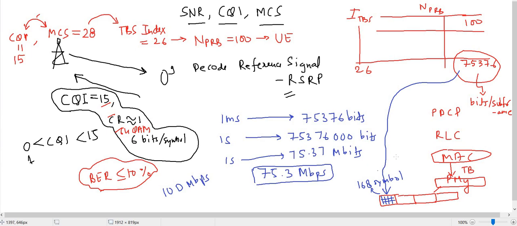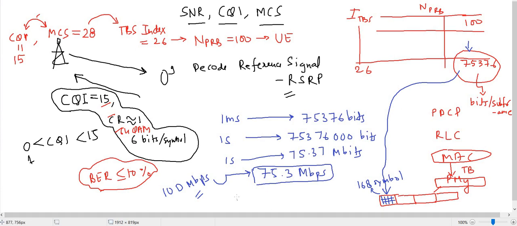But in the actual case some symbols are used for signaling also, like the reference signal, the PSS and SSS signals, and the PDCCH, PCFICH and PHICH. So throughput will be degraded, and it comes to around 75 Mbps. This value is calculated after considering all the signaling parameters.